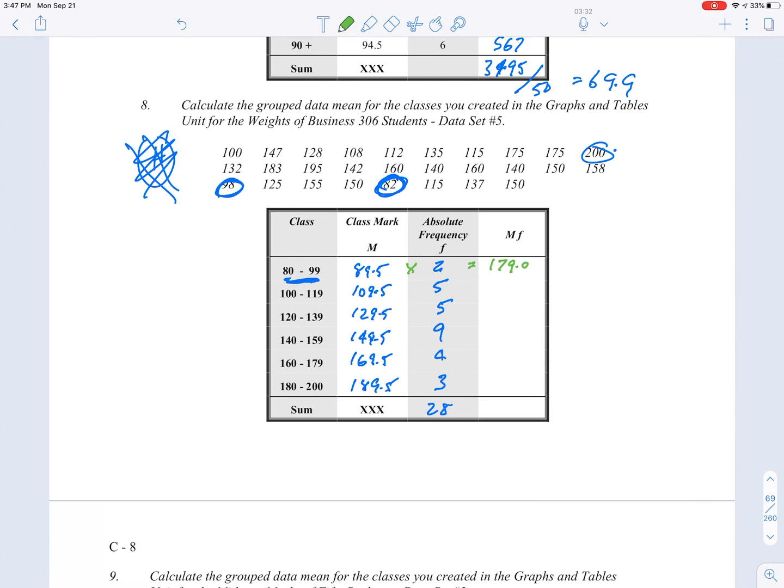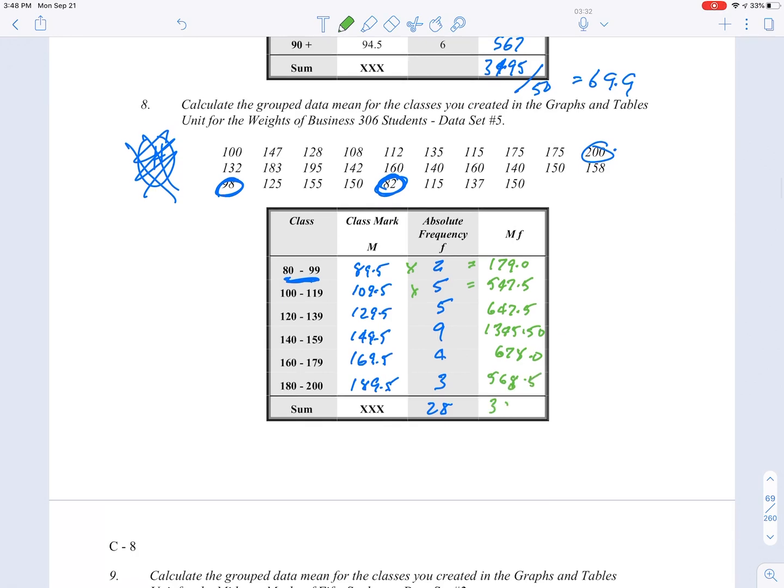And then we've got 109.5 times 5 gives you 547.5, and then we've got 647.5, 1345.5, 678.0, and 568.5. And those sum up to 3966.